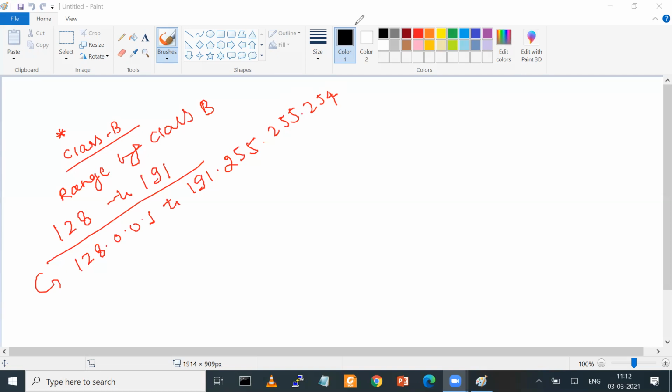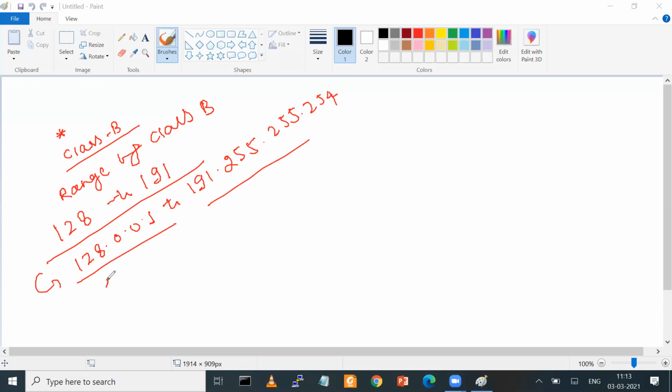This is the range of class B. So this is the IP range.